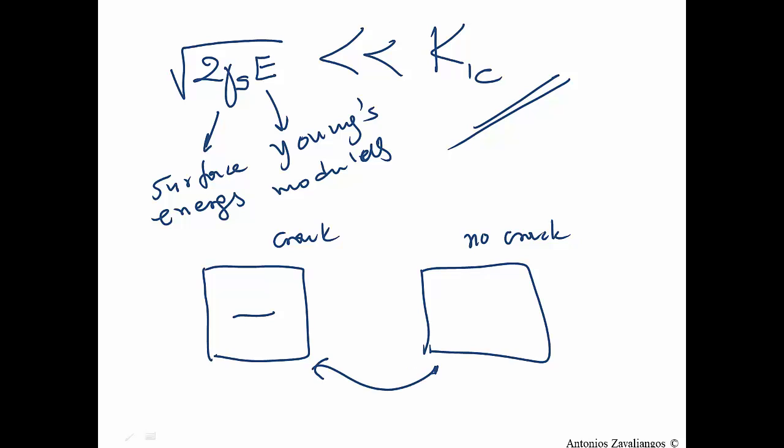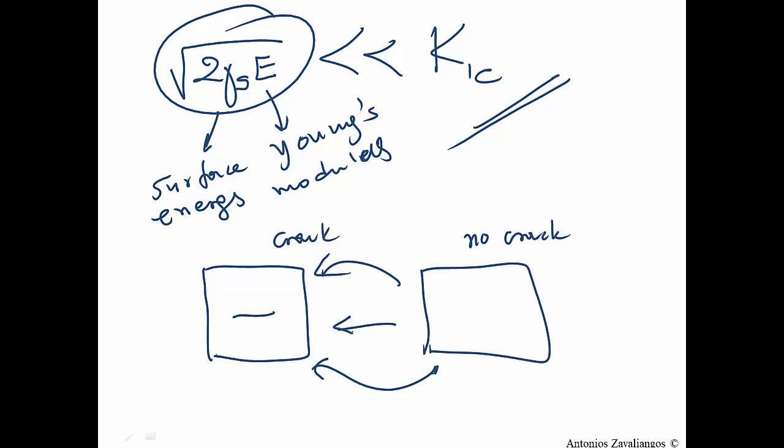We did all the work with the elastic energy and the surface energy, and came up with a formula that included this expression. However, this is not spontaneous. We don't go from no crack to crack immediately. There is a process, and the process requires a crack that is progressively increasing.